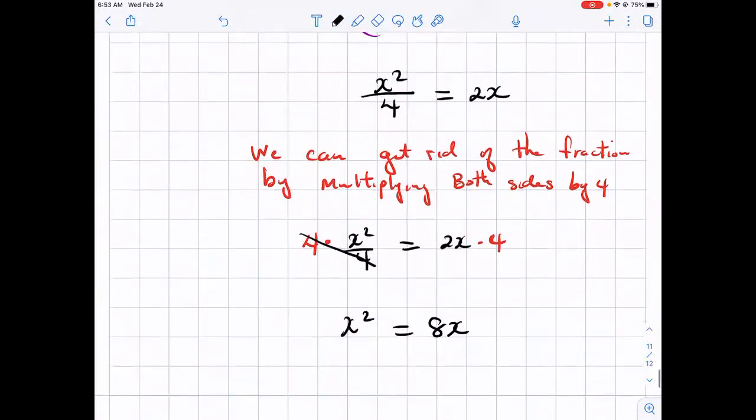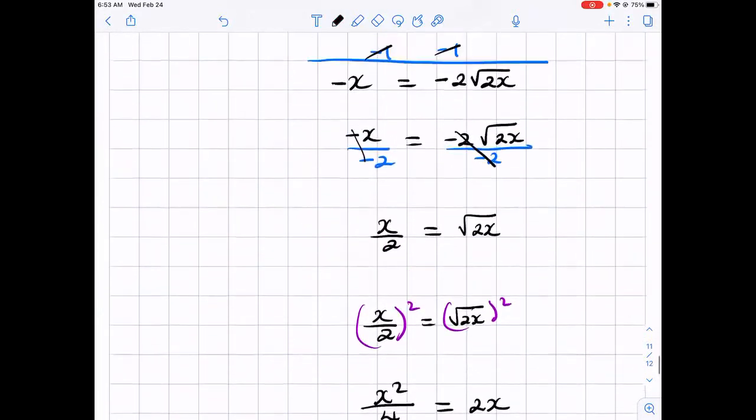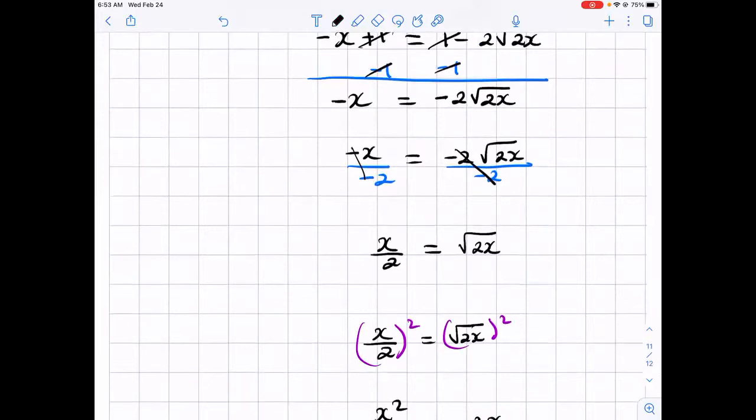And you could have done that also when you squared here. You could have squared both sides. Notice over here, you didn't have to divide by -2. So if you have negative x is equal to -2 square root of 2x, you could have also squared both sides here.